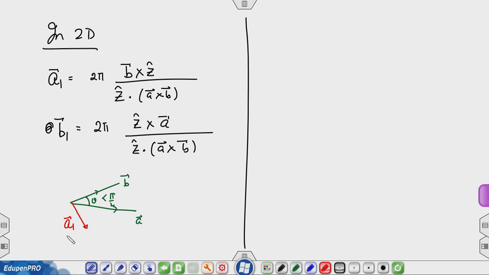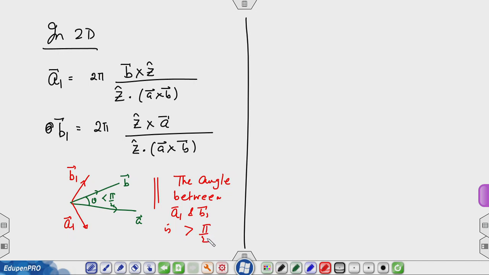Z cross A would give me a vector in this direction. So, this will be B1. So, you see that the angle between A1 and B1 is greater than π by 2. So, the lattice opens up.